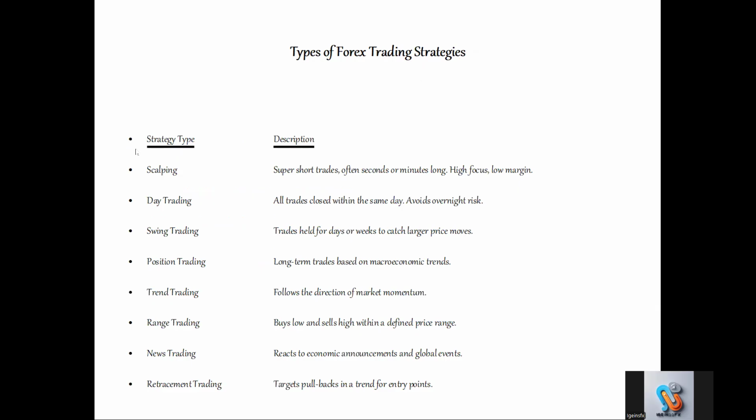Strategy type and description, like scalping. Scalping, you have super short trades, often seconds or minutes long. They don't stay on the chart. Once they see an opportunity, they just get in. Before you know it, they get out. They are very, very focused, high focus, low margin.